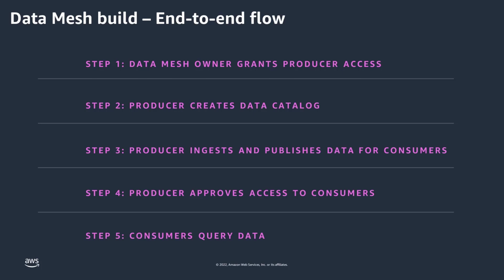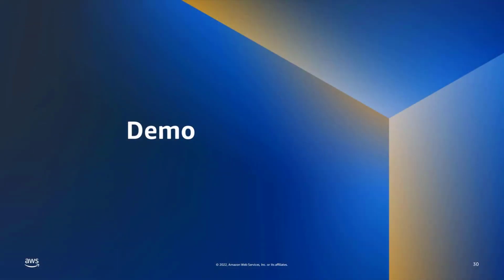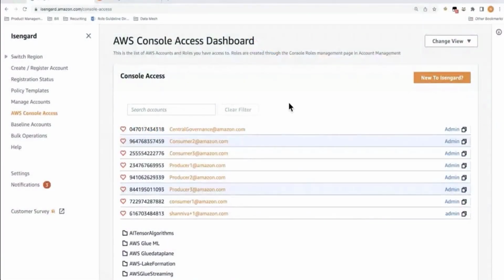Then producers own and manage their own data sets for publishing their data for consumers, and approve access for consumers to get the data set the consumer needs. And then we'll also see how consumers would query the data in their own console, like Athena. So with that, let me take you into the screen.